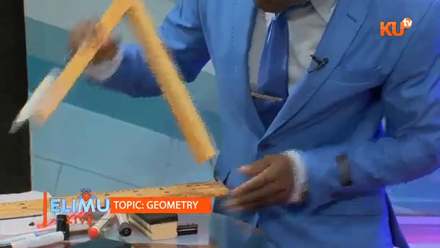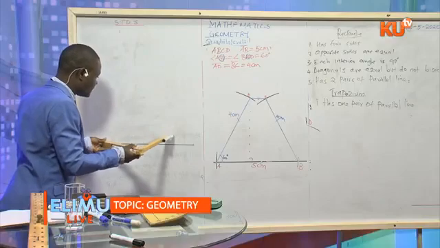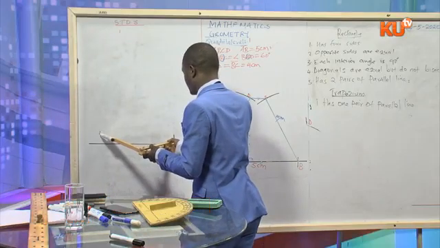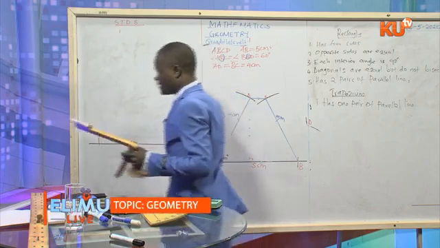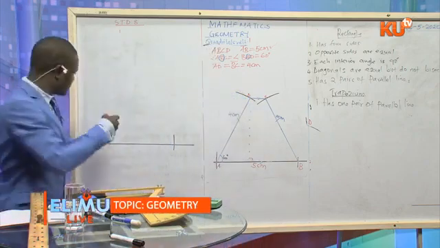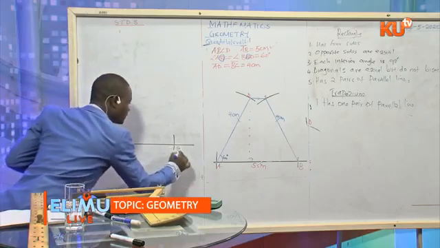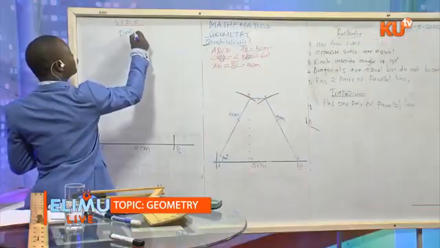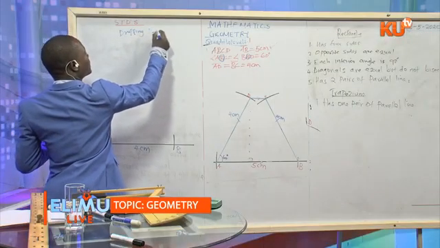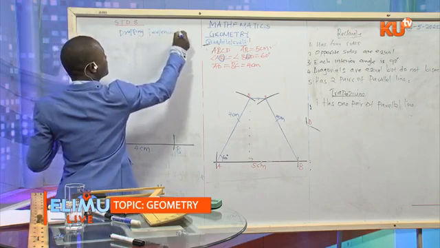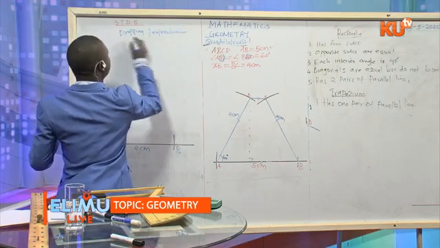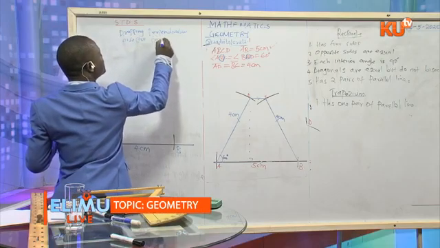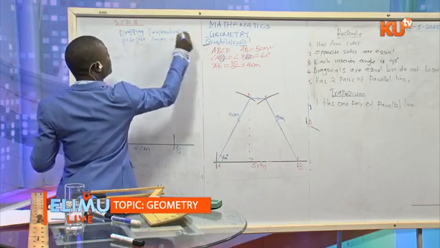AB is 4 centimeters. You can name it AB, 4 centimeters. Now this is dropping a perpendicular bisector from a point.